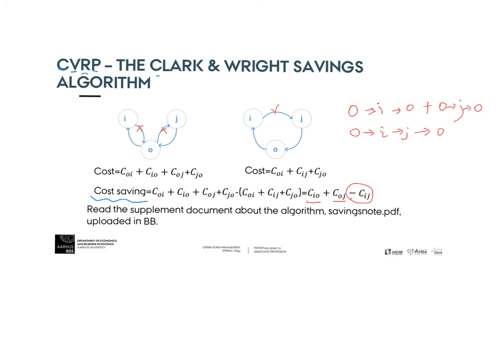And you can also extend this route to more points. For example, you can do 0 to I to G to K to 0. You can save even more because you save the routes from 0 to K and from G to 0. So that's the idea. You can continue.